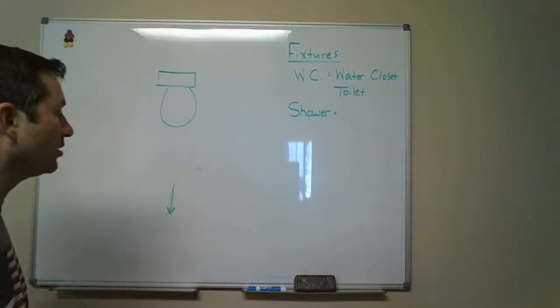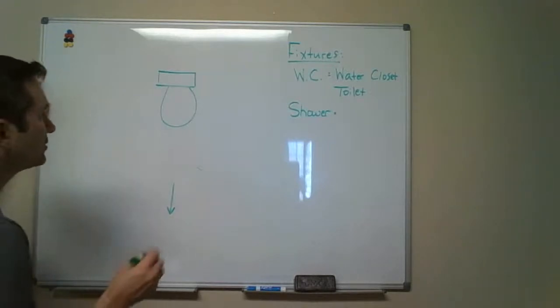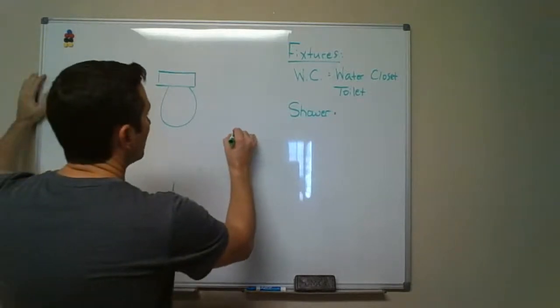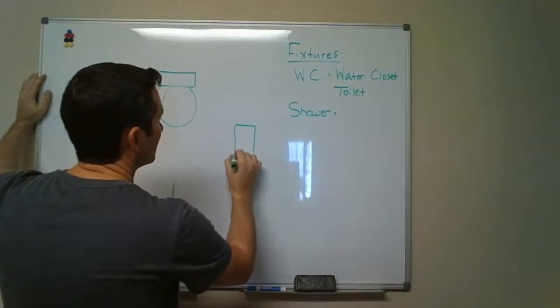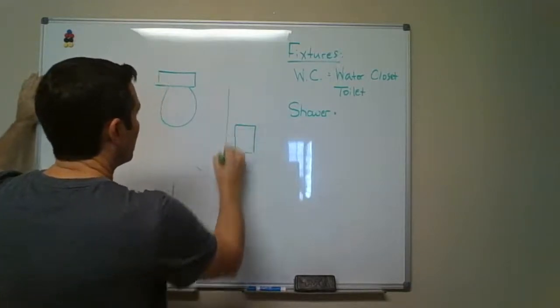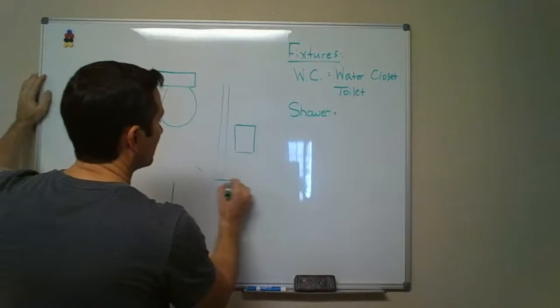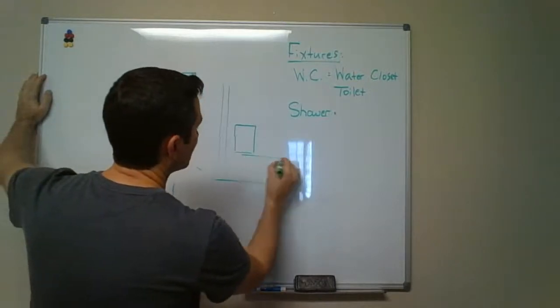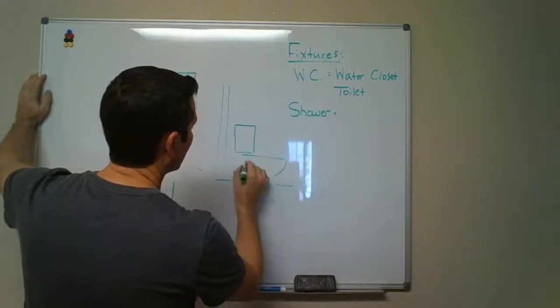So how would that look? Let's look at the side profile of the water closet. Maybe there's the wall right there, the floor. You have a toilet sitting like this.